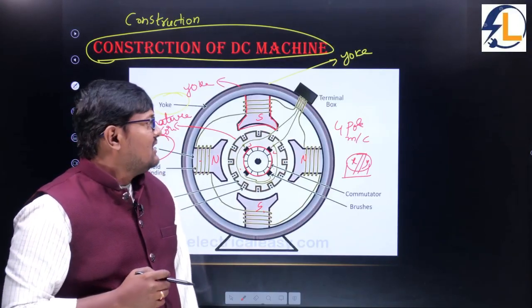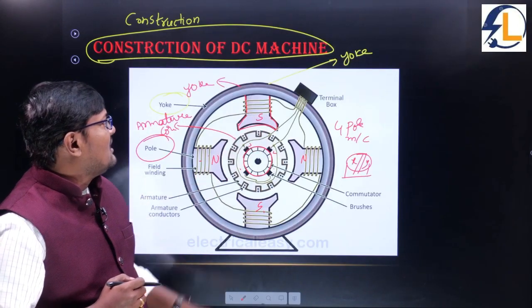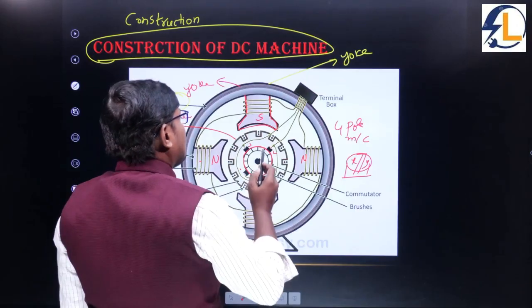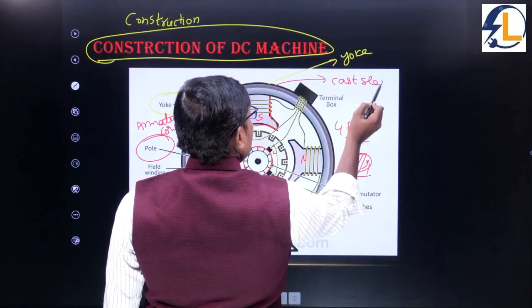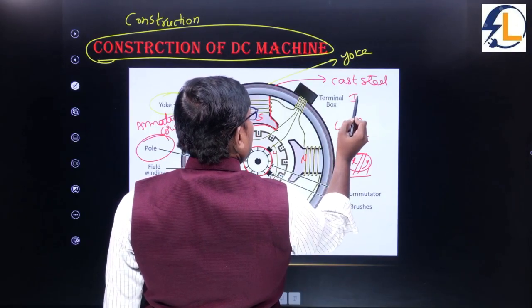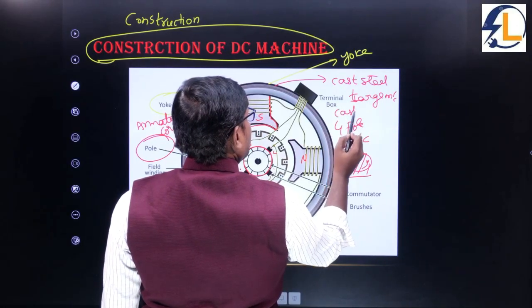The yoke is made up of cast steel for large machines, and cast iron for small machines.